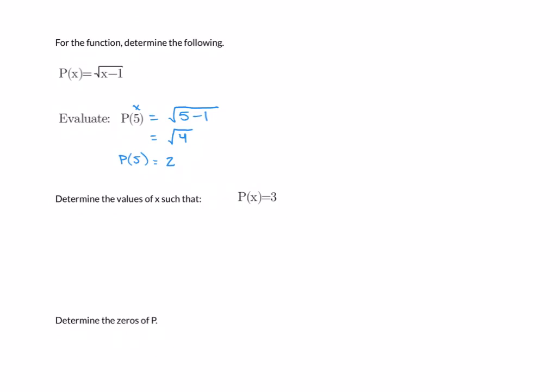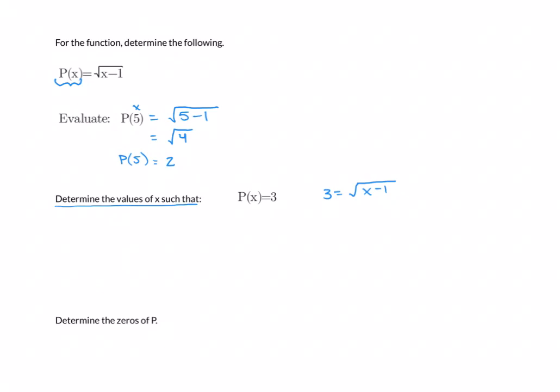Okay, let's go the other direction now. We want to determine the values of x such that p of x is equal to 3. So remember, for this we're going to replace the whole p of x with 3. We get 3 equals the square root of x minus 1.